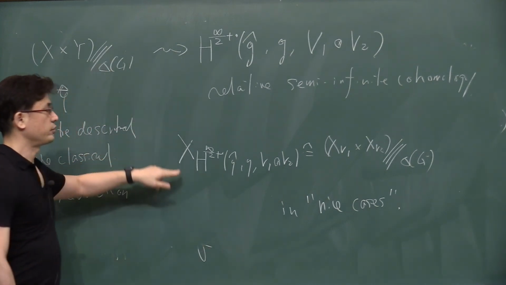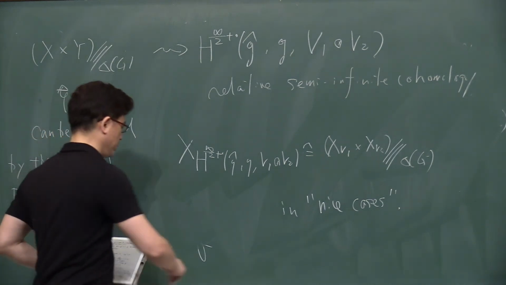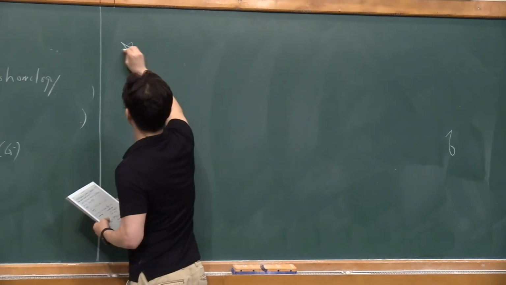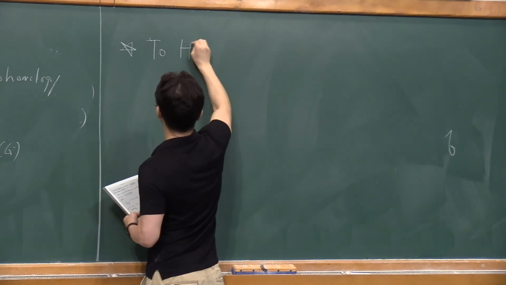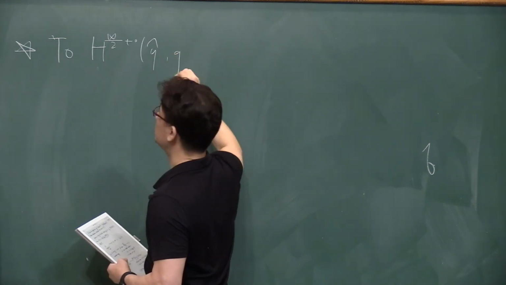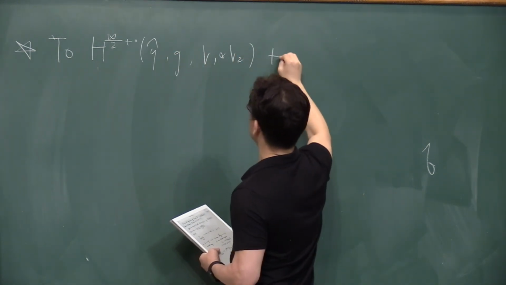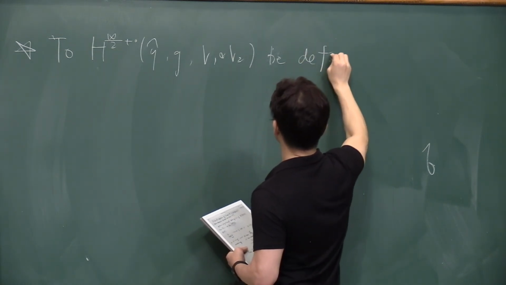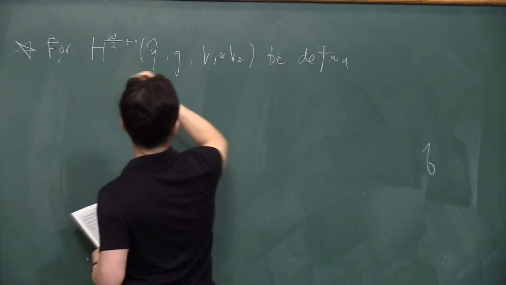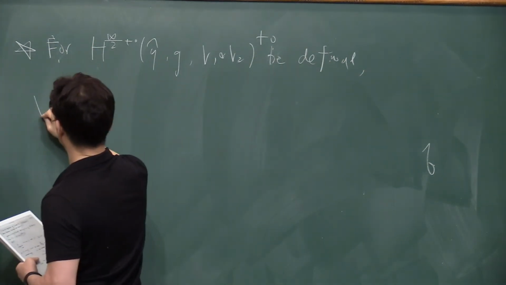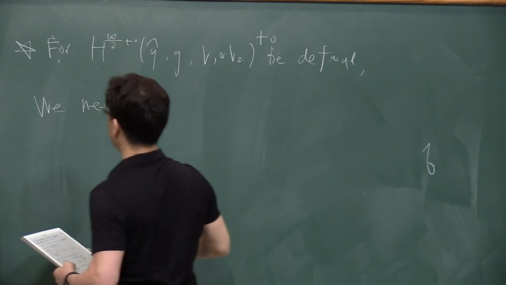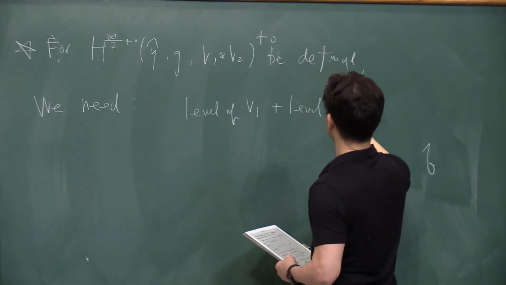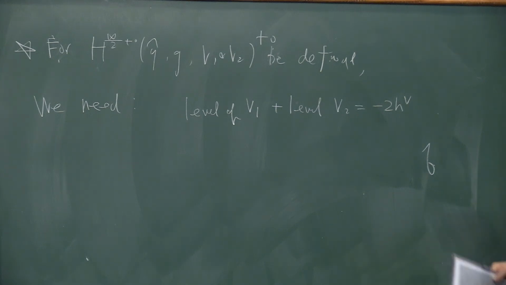So this should be the right thing to do, but there is one constraint. For this relative semi-infinite cohomology to be defined, we need one condition: that the level of V1 and the level of V2 should sum to twice the dual Coxeter number if G is simple.